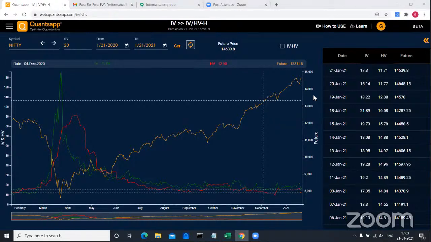So this was about the IV tool, and I know IVR and IVP take a little bit of time to understand, but once you go through it again and again, and put in your own calculation, you will be able to understand. Today I have covered only a small part, just looking at what it means.